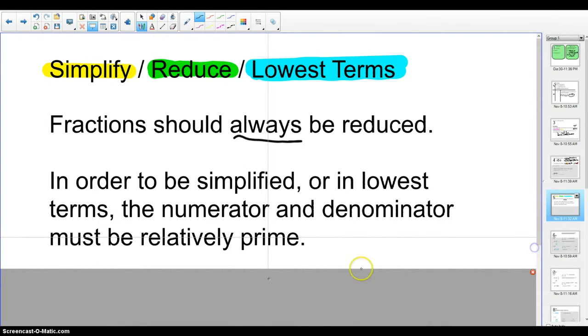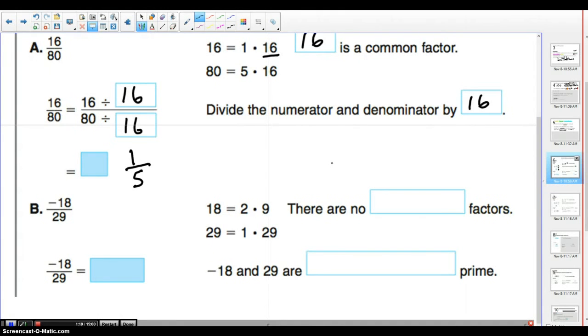Now in B, we're asked to simplify negative 18 over 29. When we list the factors of 18, we just have 1, 2, 9, and 18. 29, we said that was prime in our warm-up, so the only factors there are 1 and 29. So there are no common factors.